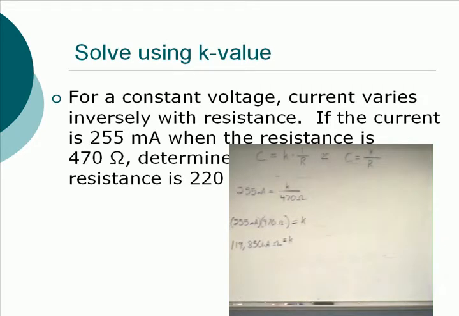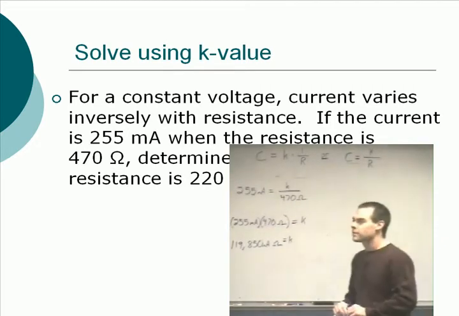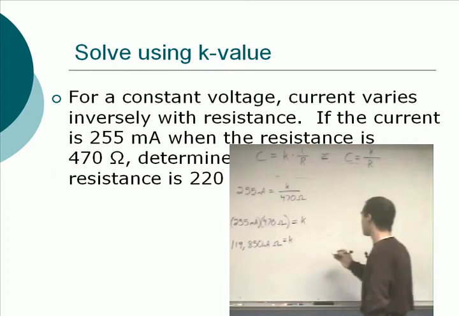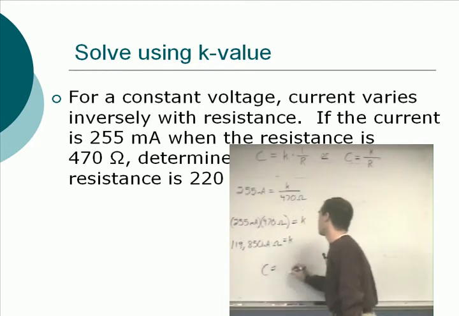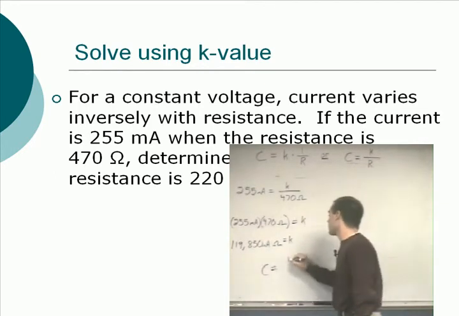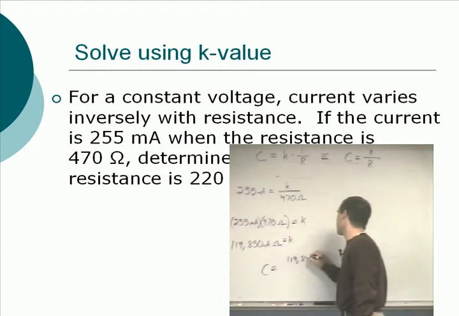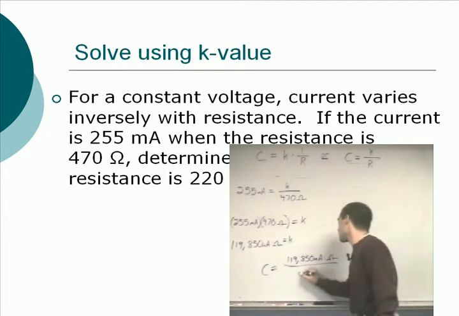Okay, once we know K, now we can go back and answer the question. We want to find out what the current is, so find C. C is equal to our K value, 119,850 milliamps per ohm, when the resistance is 220 ohms.